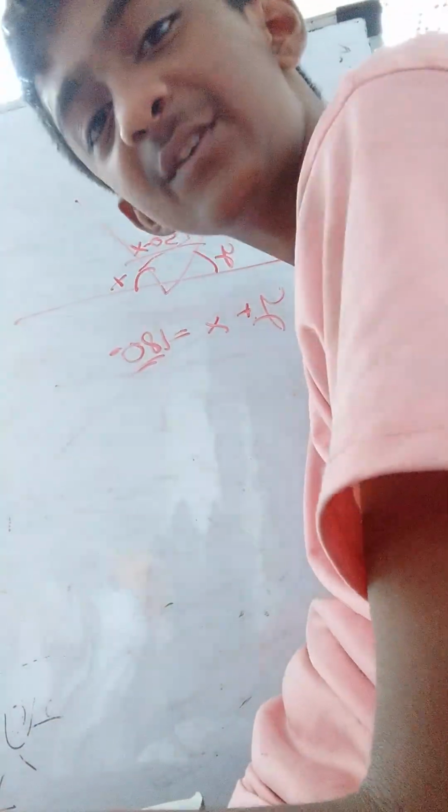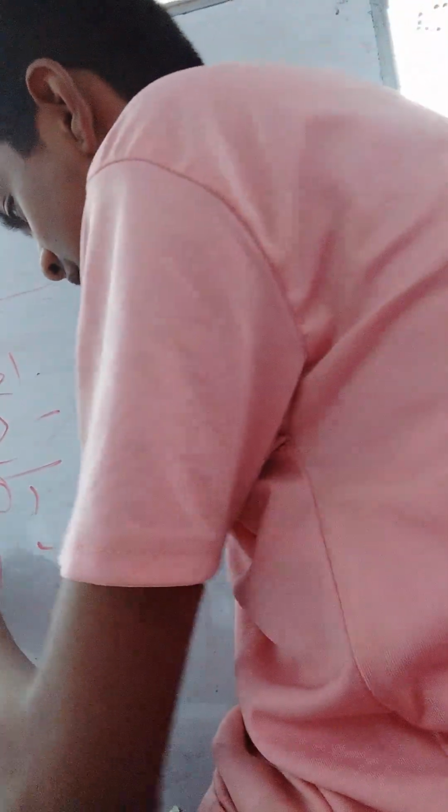I don't know, so let's find out. 150 minus 50 is 100, right? Okay, yeah, 60. 150 minus 60. Oh, x is equal to 60. Okay. Wait, guys, I'll teach you all how I found x in a minute.